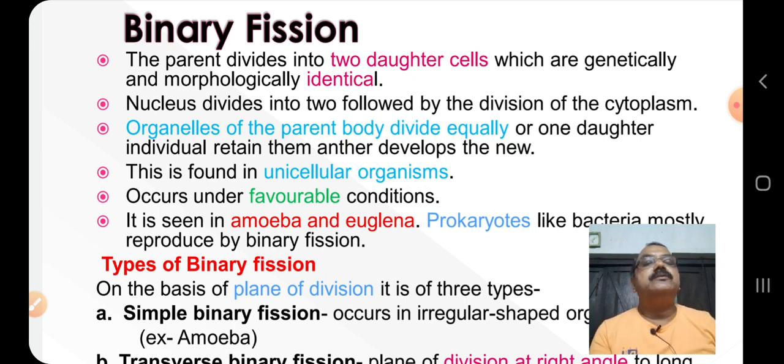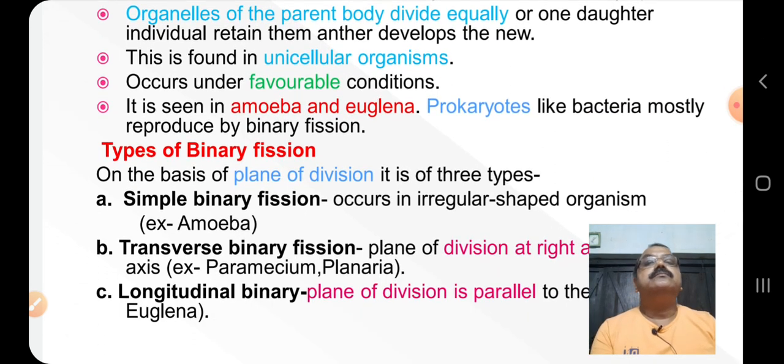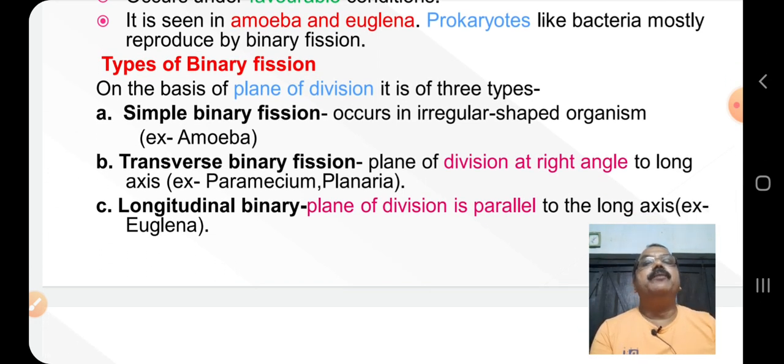This type of reproduction is mostly found in unicellular organisms and occurs in favorable conditions. It is seen in amoeba, euglena and bacteria. There are three types of binary fission as you have seen in the picture: simple binary fission, transverse binary fission and longitudinal binary fission.